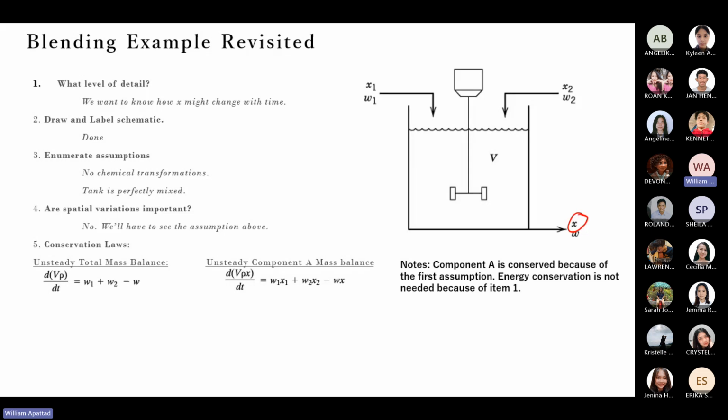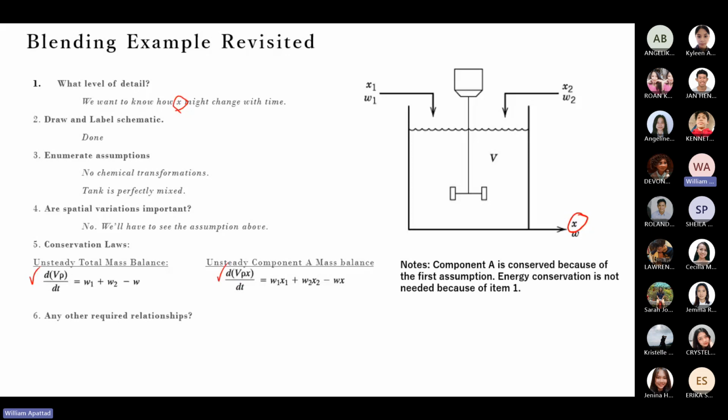So wala tayong energy balance dito. We don't have the energy conservation because wala namang temperature. Okay? Sa control objective natin, gusto lang natin malaman kung paano daw magbago ang X with time. Walang sinabi tungkol sa temperature. So, ang equations lang natin ay itong dalawang ito.